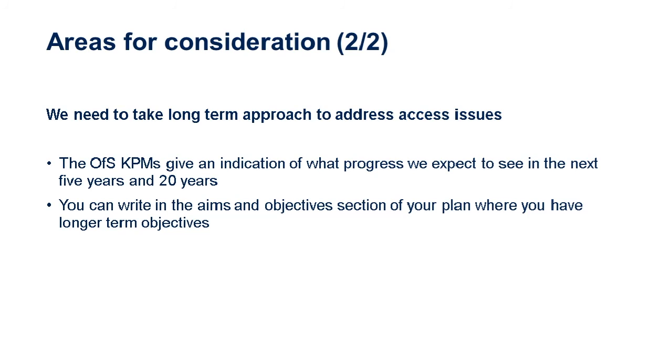For our key performance measures, we've set a 20-year time frame, for example. But then you would need to set out in your plan targets about what you expect to achieve over the 5 years of the plan, and to think about the trajectory that you need to be on to meet those overall objectives by the time frame that you have set out.